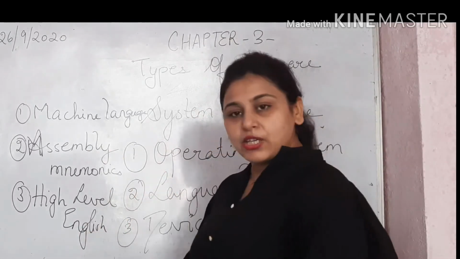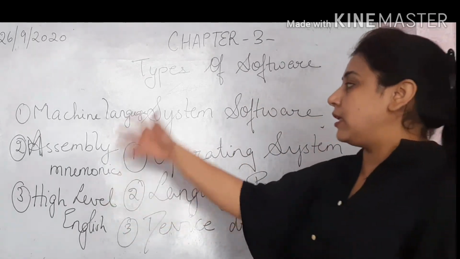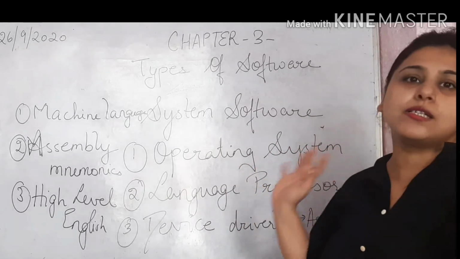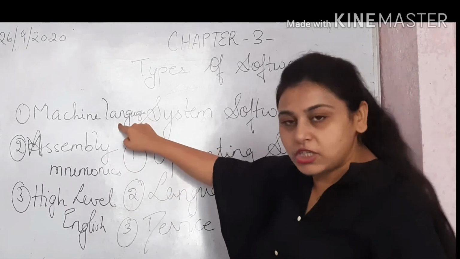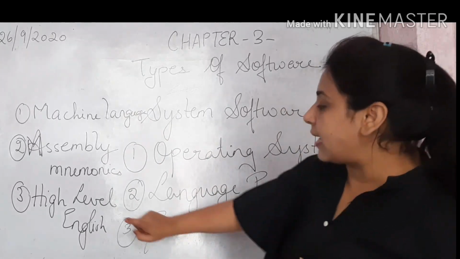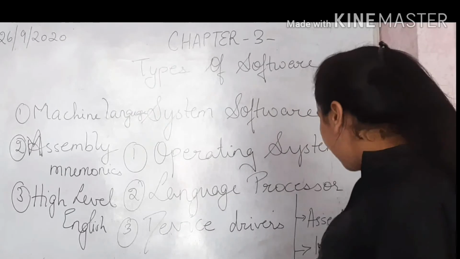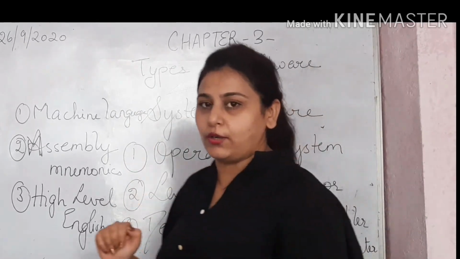So we started working, but now we want certain software for converting this into machine language, because at last computer only understands machine language. So assembler converts assembly into machine. Then interpreter converts high level language into machine language, but line by line. Compiler converts high level into machine language, but all in one go.